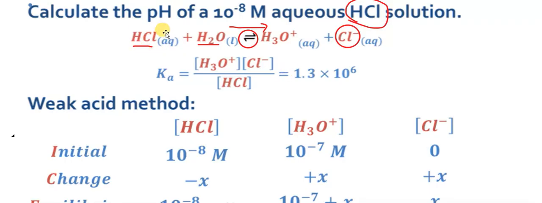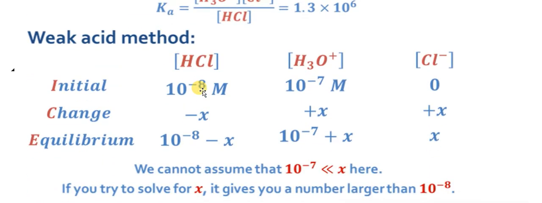Next, should we use the weak acid method to calculate the pH, with the initial concentrations of HCl, hydronium ions and chloride ions, then change, then equilibrium?